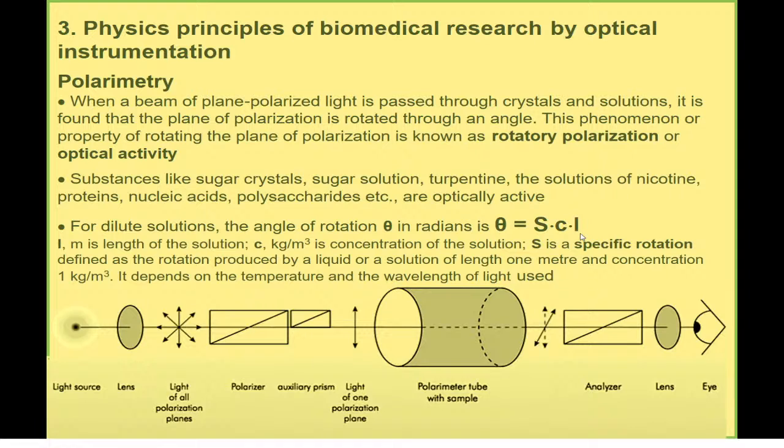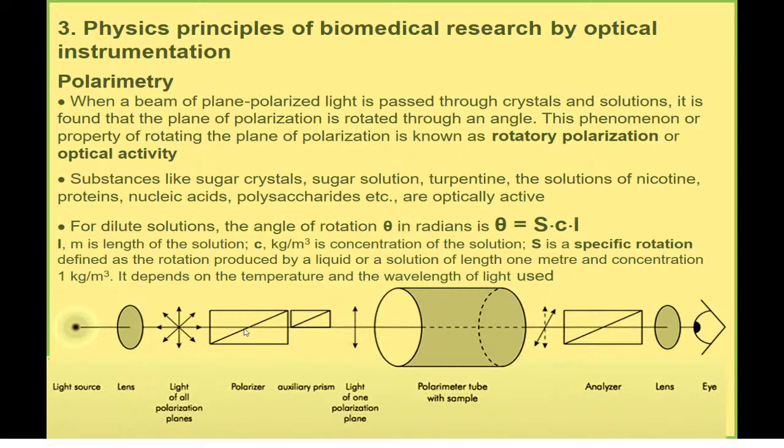And you can see this principal optical diagram of the polarimetry optical instrumentation. One more time, the ordinary light is focused. It is of all possible planes and directions of vibrations of the electric field vector.